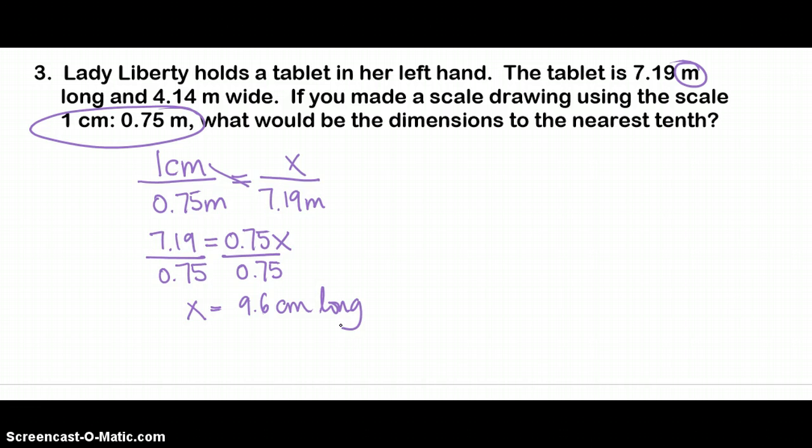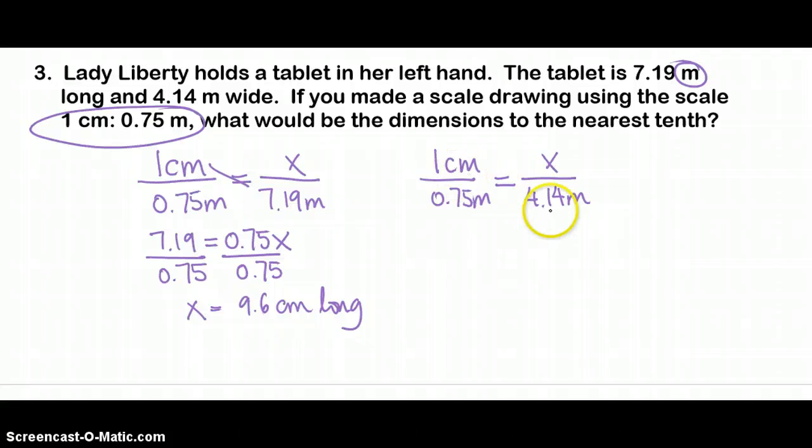Okay, we need to do that for the other dimension too, because we need to know how long and how wide it is. So you start with the same scale, 1 centimeter over 0.75 meters equals, it tells me that it's 4.14 meters wide. So meters go on the bottom, 4.14 meters, and then x on top.